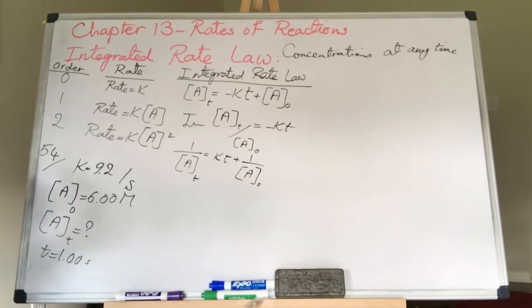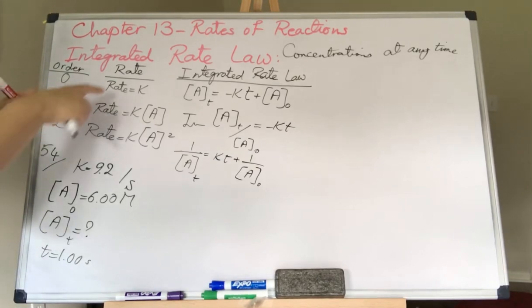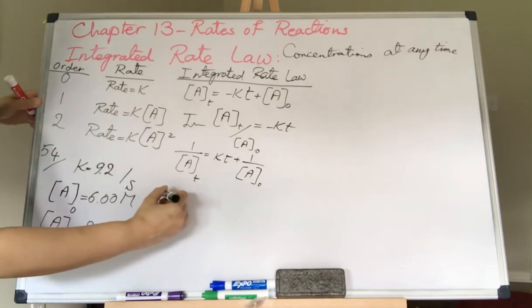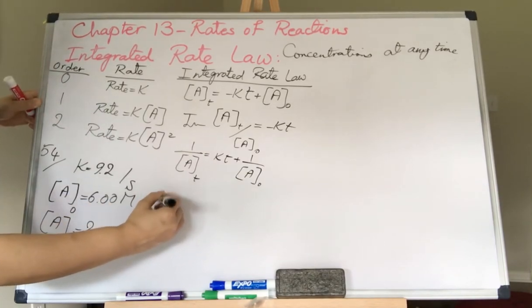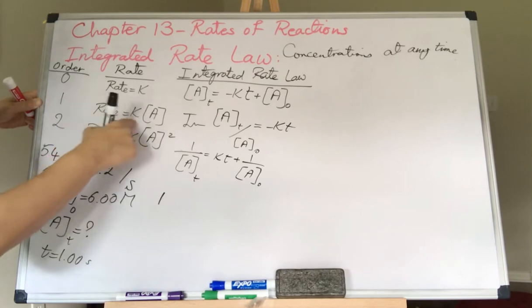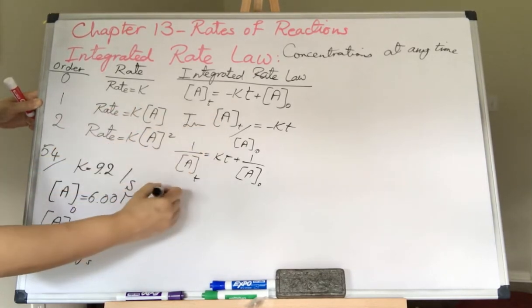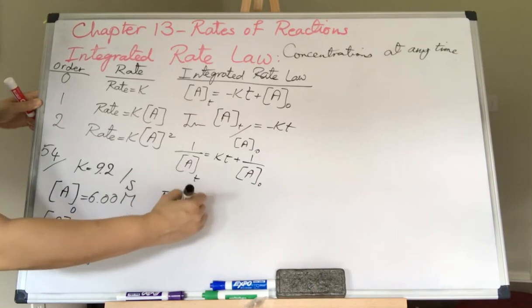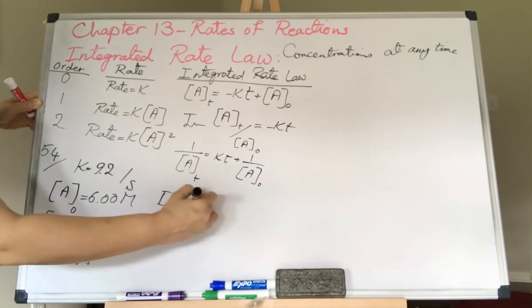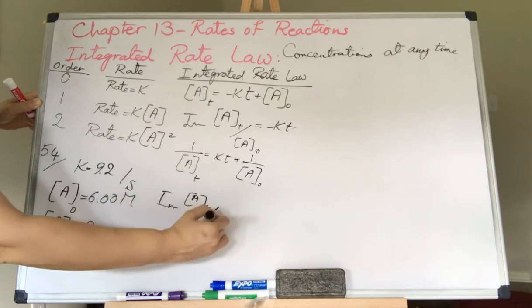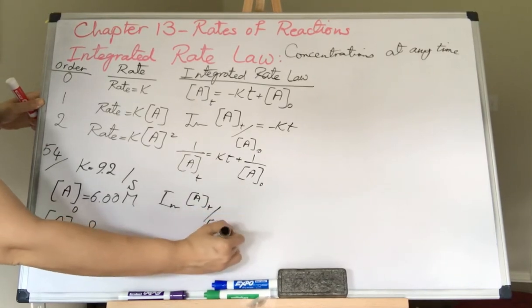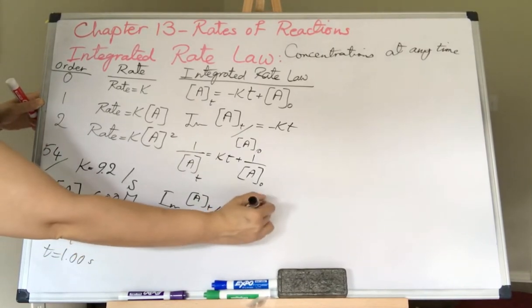Okay, so we know that for a first order reaction, the rate is this, and the integrated rate law, because we are looking for AT, is written as ln of AT over A0 equal to minus KT.